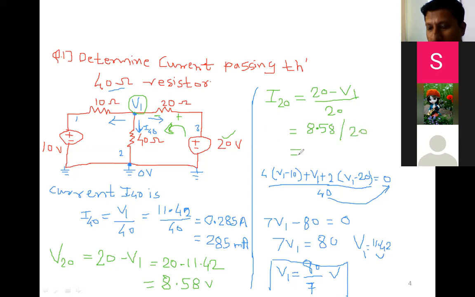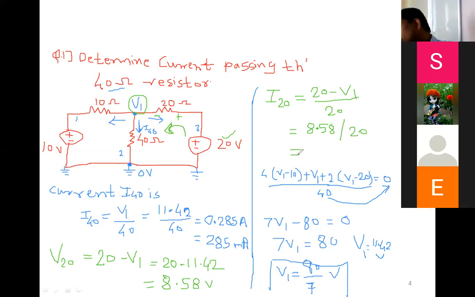Someone will tell what is the value here? 0.429. 0.428, yes, something like 428 will come. So this will be the current passing through 20 ohm. So the fifth step depends on the question, what they are asking. Up to 4 steps, you have to follow the steps of nodal analysis. The fifth step will be decided by the question.